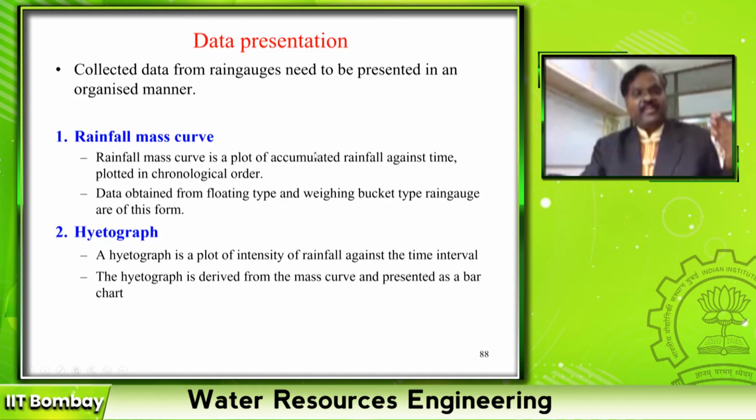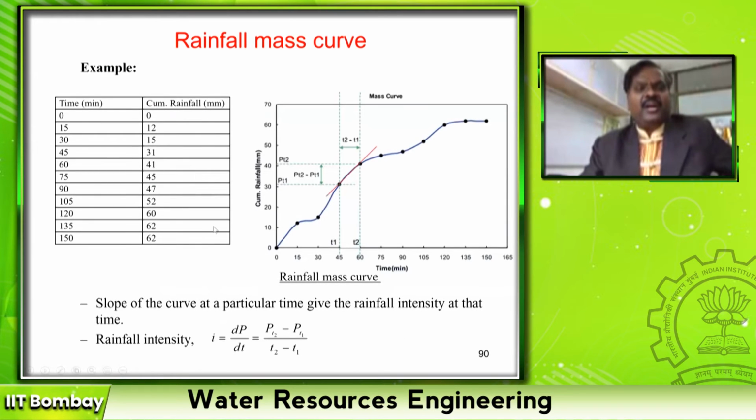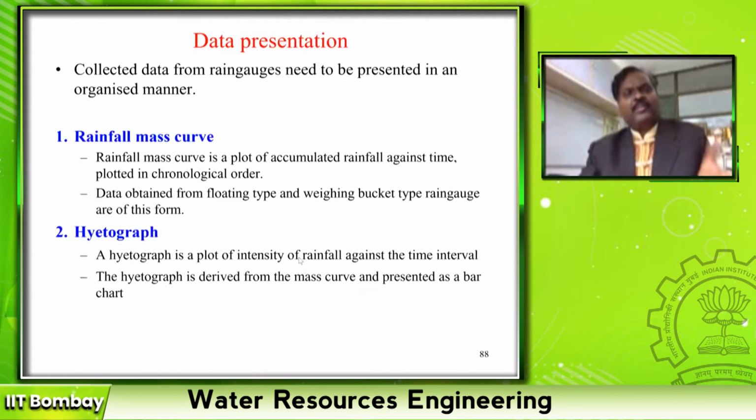The first and foremost method is the rainfall mass curve. It is nothing but time versus accumulated precipitation. This gives a fair idea of how my rainfall varied over a time period. For small duration requirements, we can show it in a mass curve or hyetograph.